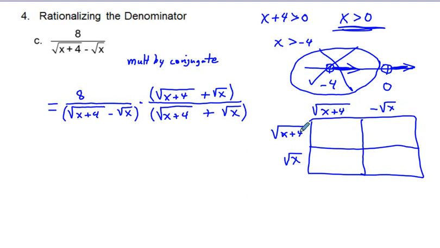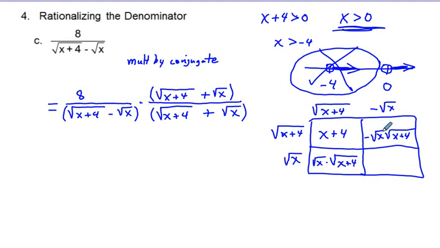And just multiplying square root of x plus 4 times square root of x plus 4, we're going to get x plus 4. Negative square root of x times square root of x plus 4 is going to be negative square root of x square root of x plus 4. And over here in the lower left corner we're going to have square root of x times square root of x plus 4.